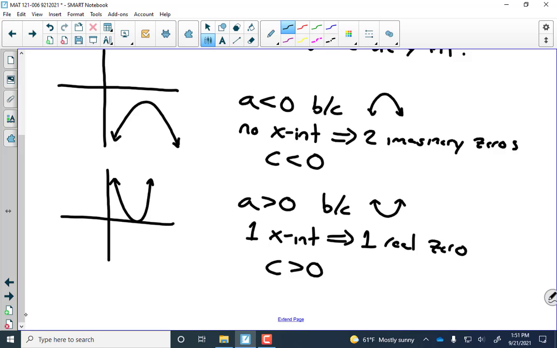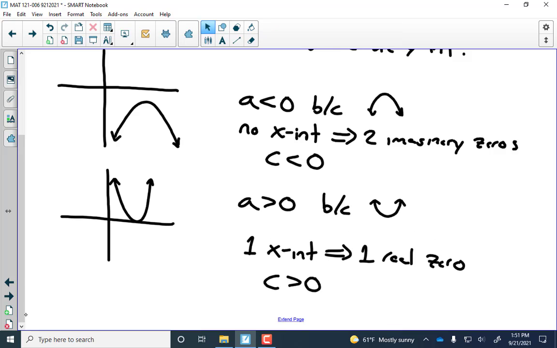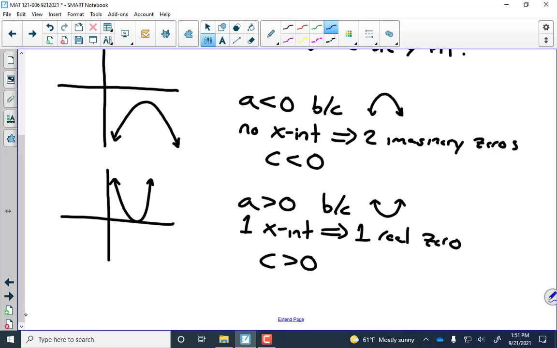By the way, can you tell me anything else about the one x-intercept? The x-intercept is also the vertex. Wouldn't it also be the line of symmetry? Yes, it does, and we'll learn more about that after our break today, but absolutely, that also tells us where our axis of symmetry is.